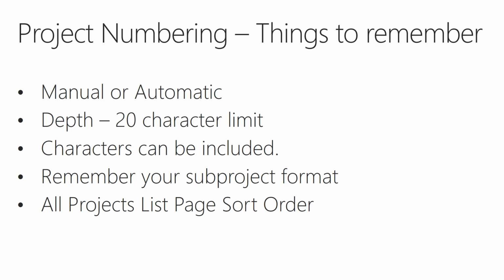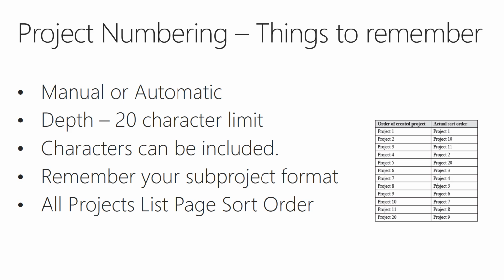And then the all projects list page sort order. So what that means is when you're actually setting up your projects, the way that it sorts the numbering is not sequential based on the number. It's alphabetic. So you can see on the left side, if you set up your project numbering to be project 1, 2, 3, 4, 5 to 20, that's the way that you'd want it displayed.